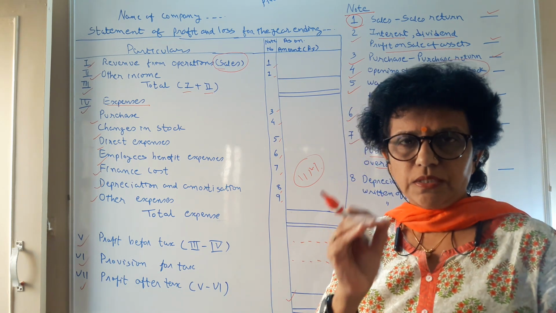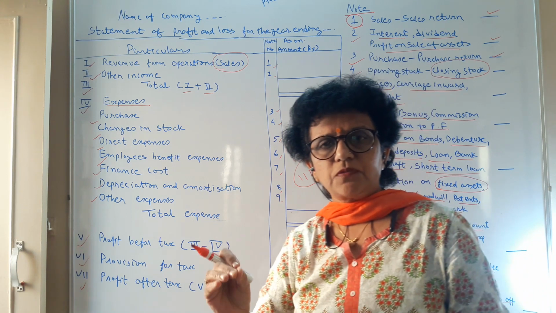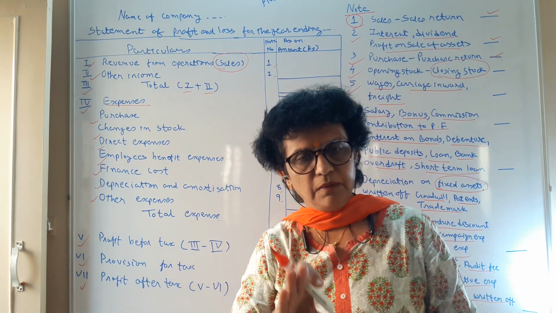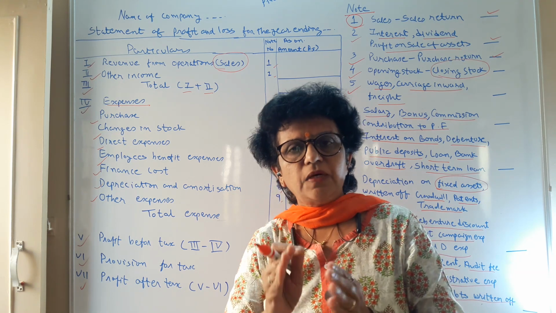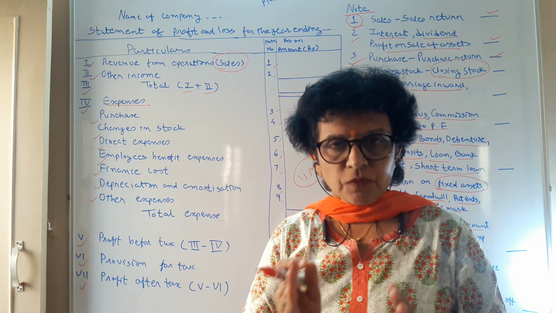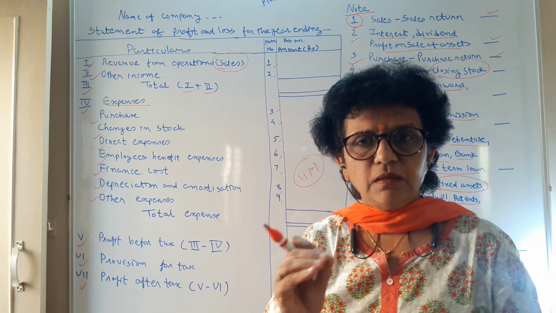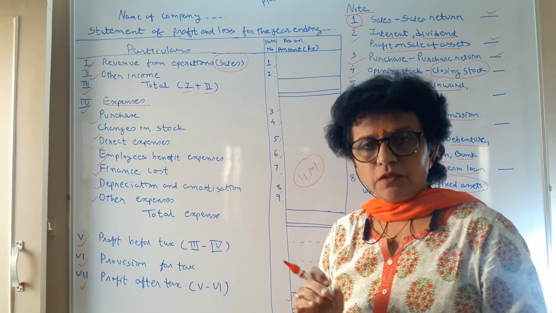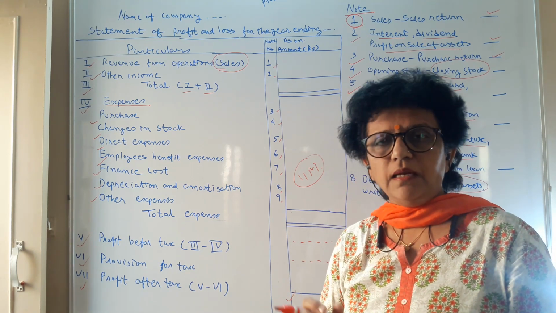The easiest question is the preparation of the company's final account. In class 12 you have the introductory, preliminary and very basic fundamental structure of the company's final account. So not a single mark should you lose, you have to score the maximum. So keep smiling, do it well and be happy.